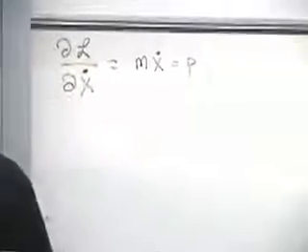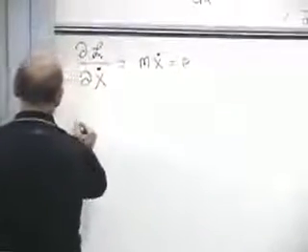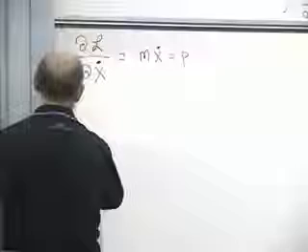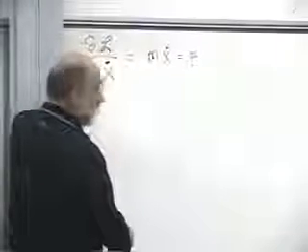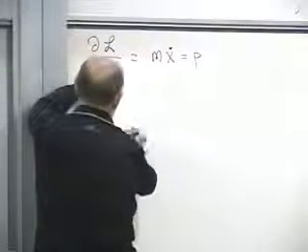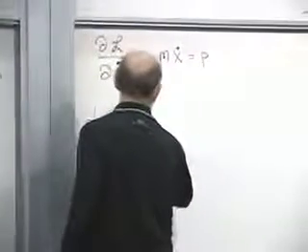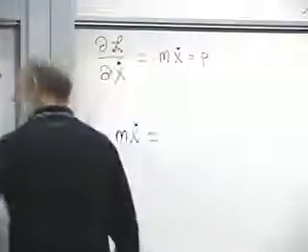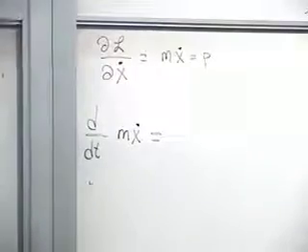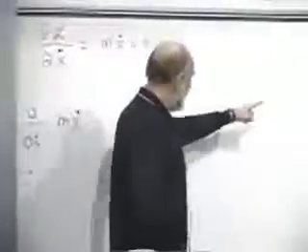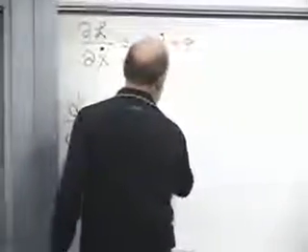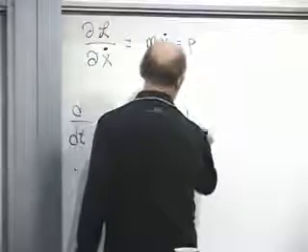What does Lagrange's equation say? It says d by dt of dL by dx dot, but that's m x dot, is equal to dL by dx. dL by dx is minus dU by dx.